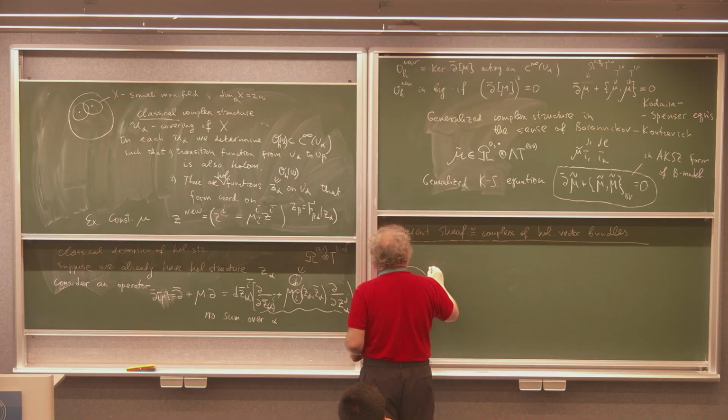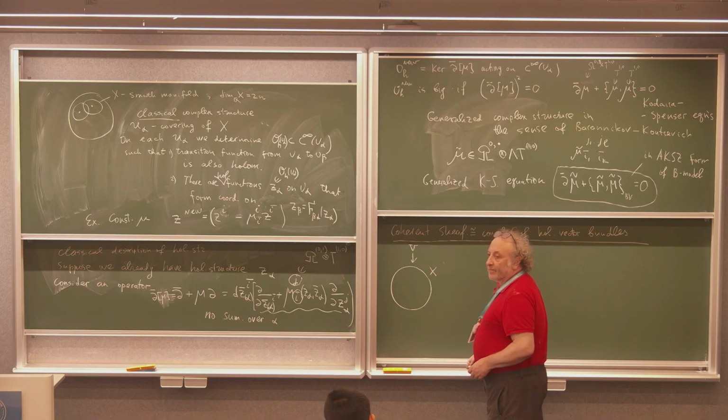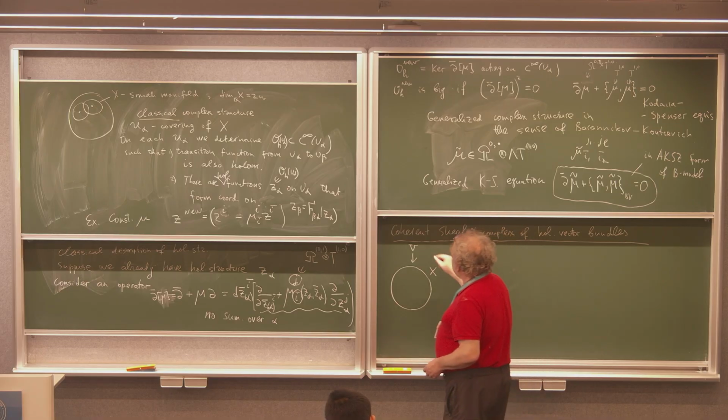Suppose we have a manifold X. And we have a vector bundle V. And V would be smooth vector bundle.